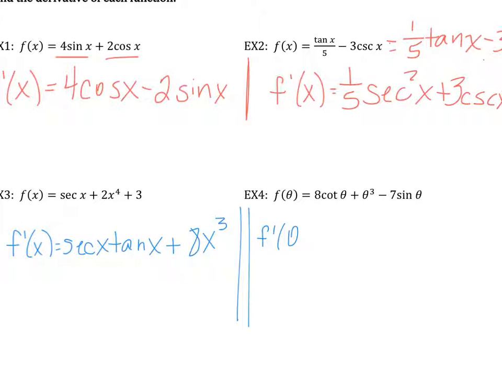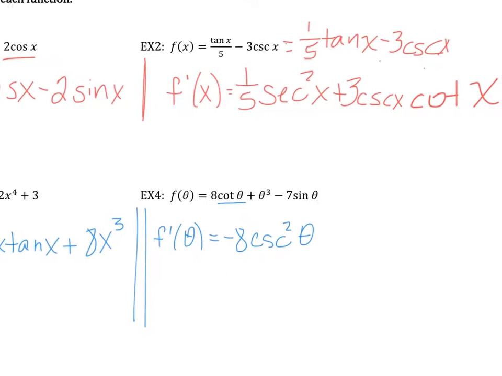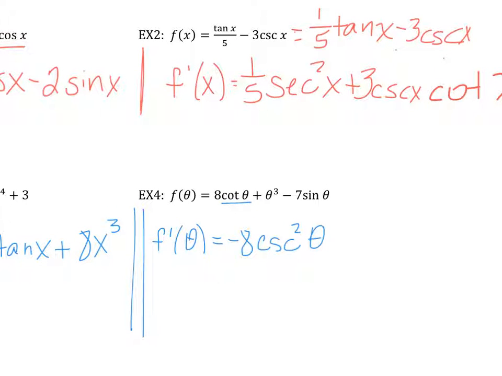So f prime of theta, what's the derivative of cotangent? Negative cosecant squared. So that's going to be negative 8 cosecant squared of x. Not x, theta. Now this plus theta squared, remember theta is our variable, so you have to think about how you would take the derivative of x cubed and just change the x to a theta.